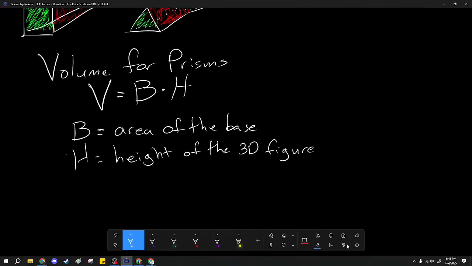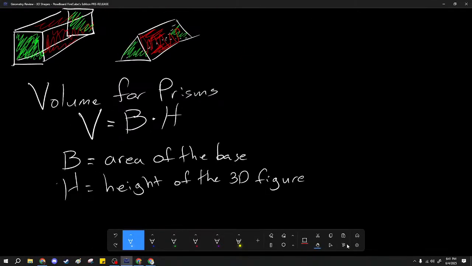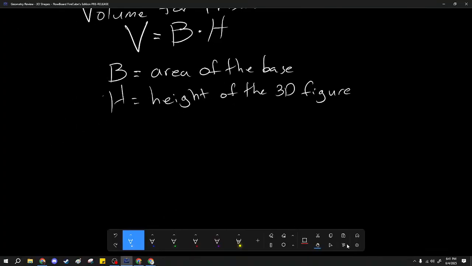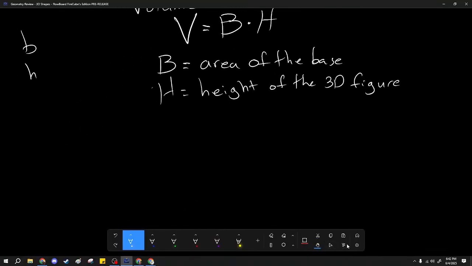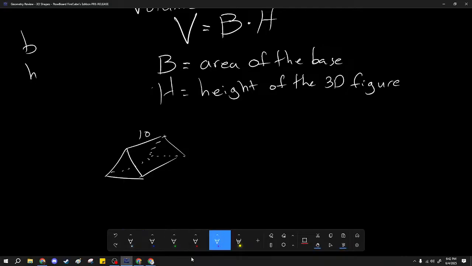So let's go ahead and do an example so we can understand what I'm identifying. Let's draw one. Here's another triangular prism. I'm going to give random lengths. I'm going to say the side lengths are 10. I'll put it in a different color so you can see it.